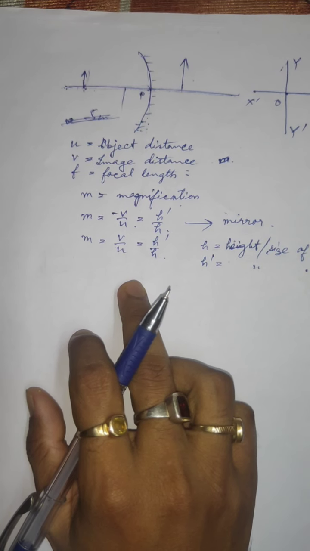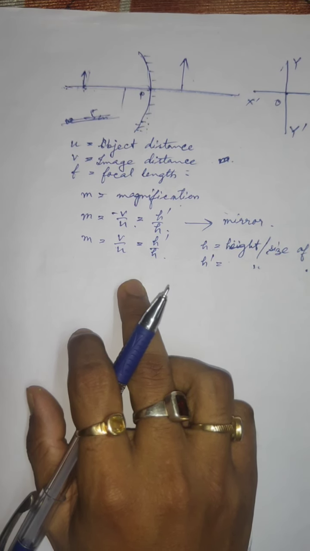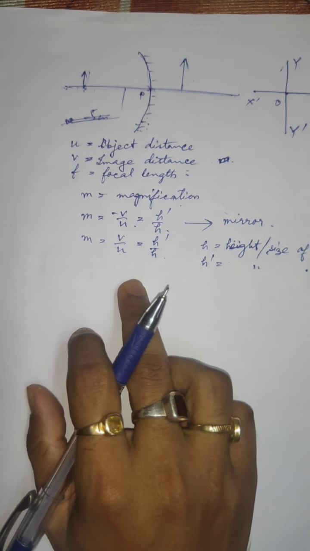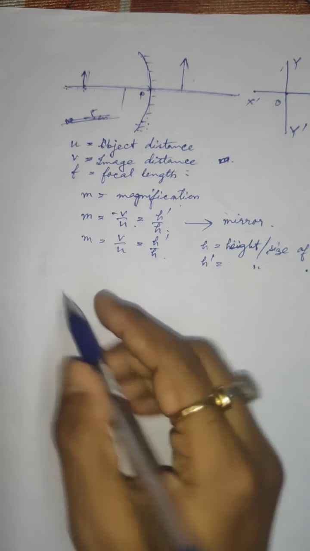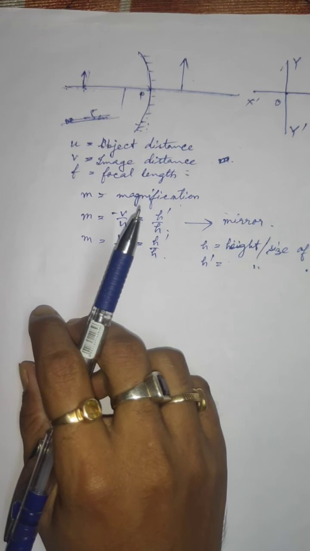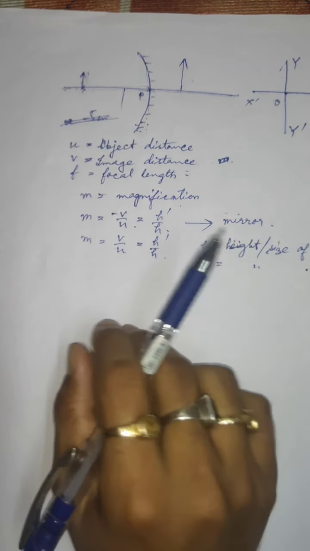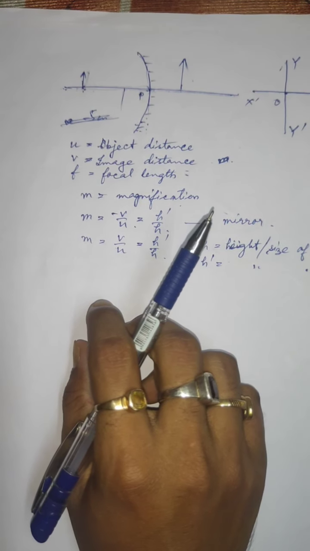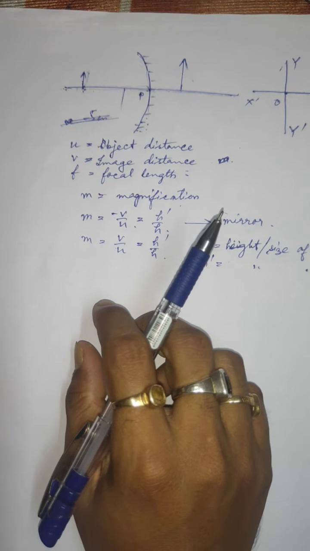When magnification takes a negative sign, if you get the value of m with a negative sign, then it indicates the image is real. By looking at the value of m, we can decide what type of image it is.